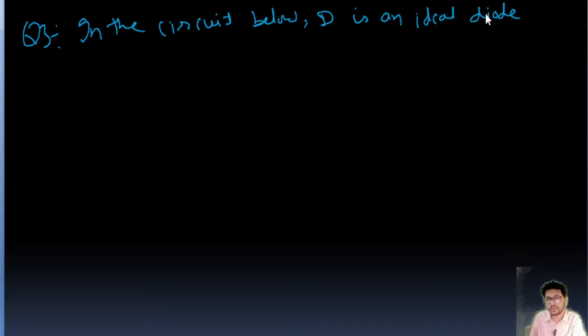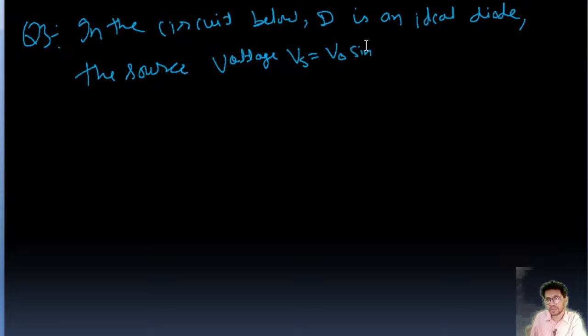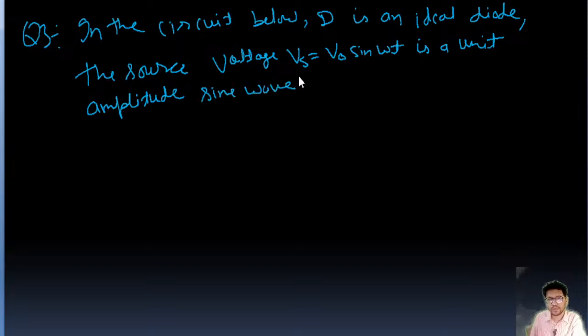The source voltage Vs equal to V naught sin omega t is a unit amplitude sine wave, and Rs equal to RL.